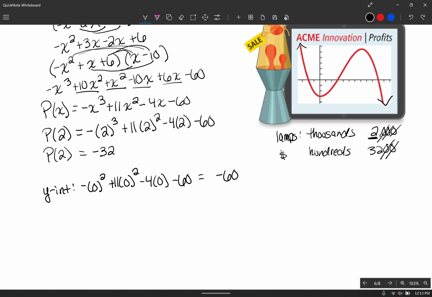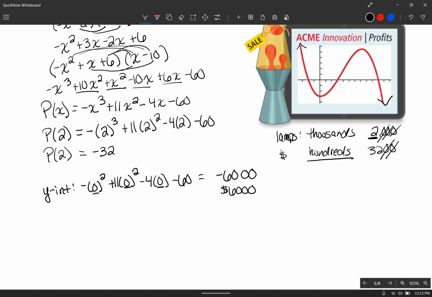Now remember, this is your y-intercept, and it's the money, so it's in hundreds. So add in 2 zeros. So this is $6,000. Now it is negative, so that means we're losing $6,000 when we don't sell a single lamp.